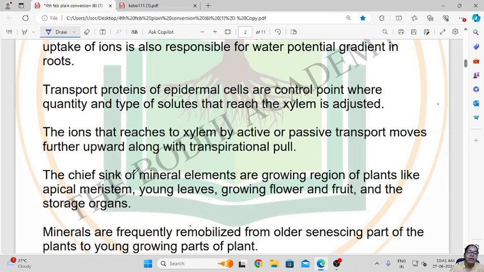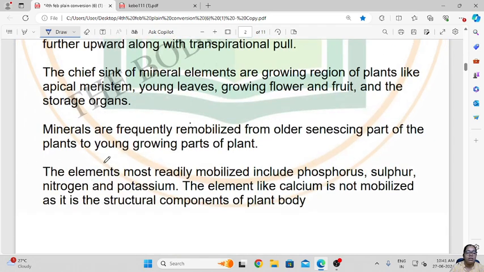Then the chief sinks of mineral elements are the growing regions of plants like the apical meristem, young leaves, growing flowers and fruits, and the storage organs. The elements most readily mobilized include phosphorus, sulfur, nitrogen, and potassium. Elements like calcium are not mobilized as it is a structural component of the plant body.